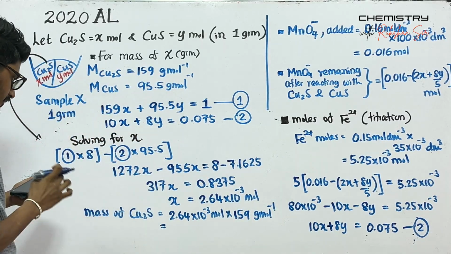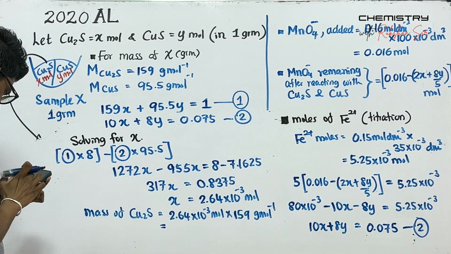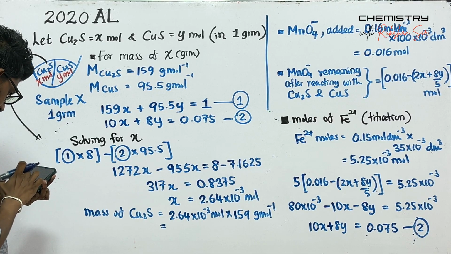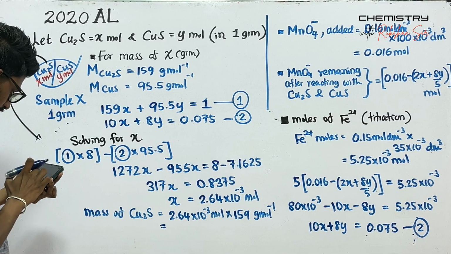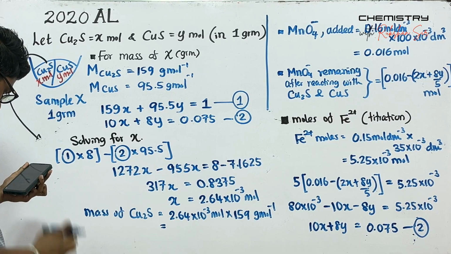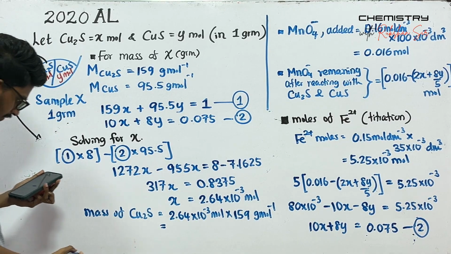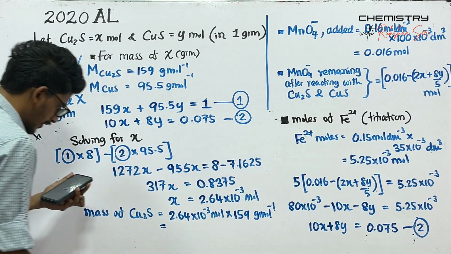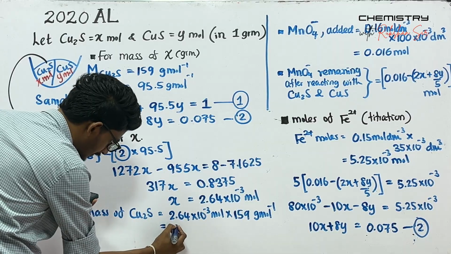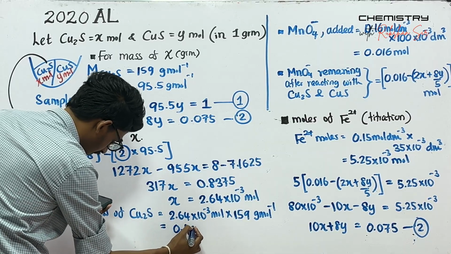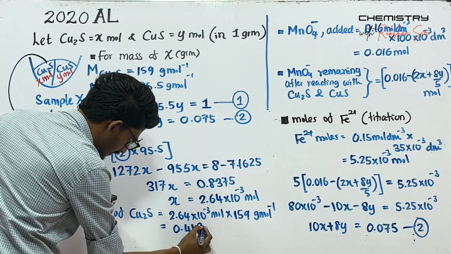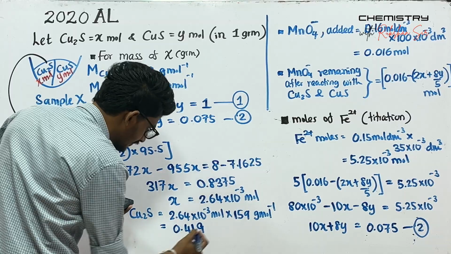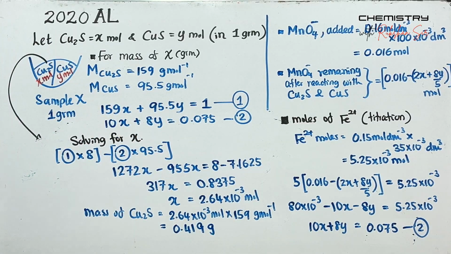So the mass is 2.64 into 159. This multiplication will give you 419.76, and 10 to the minus 3 is also there, so 0.419 grams, no? Yeah. So that is the mass of Cu2S.